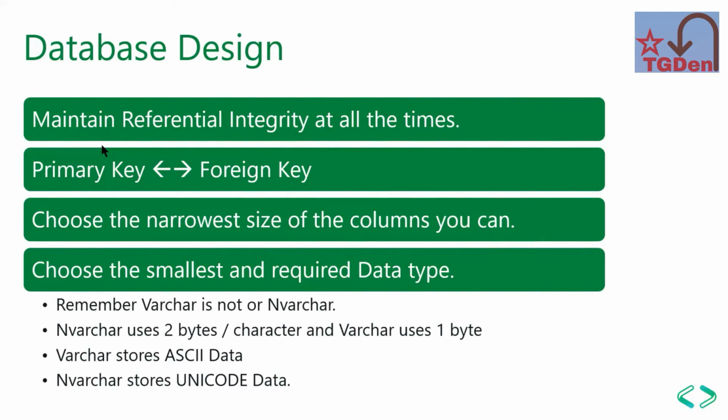And varchar stores ASCII, and nvarchar stores Unicode data. Now Unicode is important. Let's say in your application you're using different characters, wider characters, other languages, then you definitely need to use Unicode, so you use nvarchar. Otherwise you don't use it, because that's a waste of space in memory when you're going to reserve it.